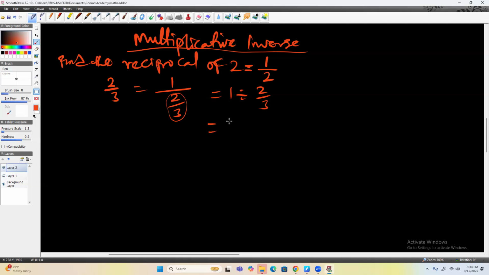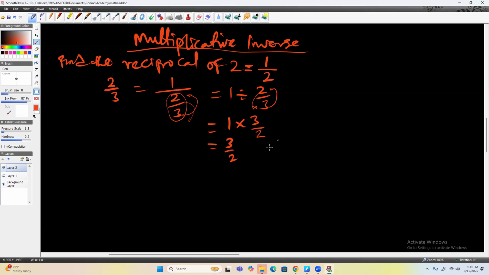We do that by taking this denominator, this 3, going up, and this 2 coming down. So your sign changes to multiplication, and you now have 3 over 2. So the inverse of 2 over 3 is 3 over 2.